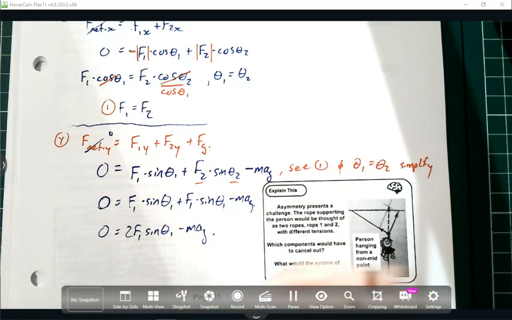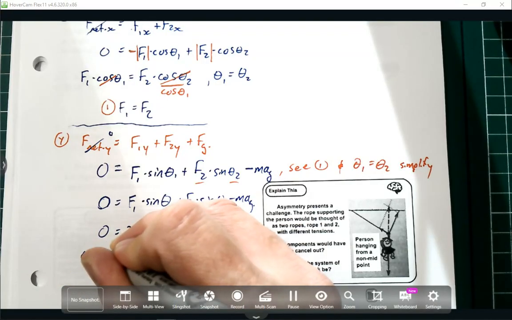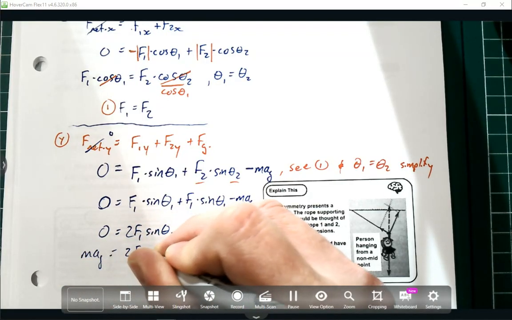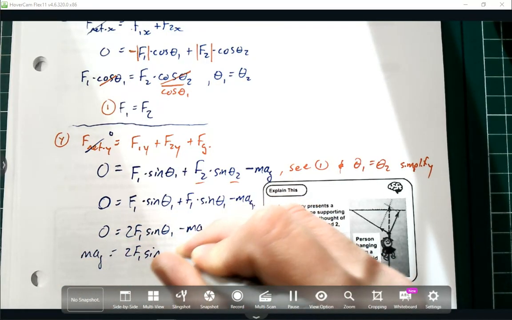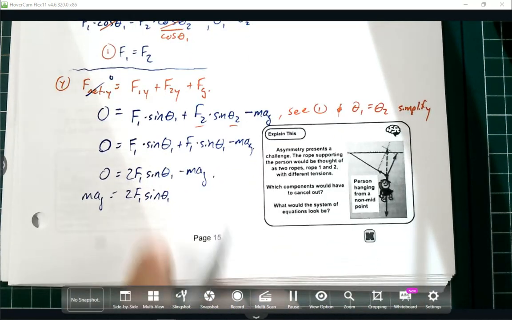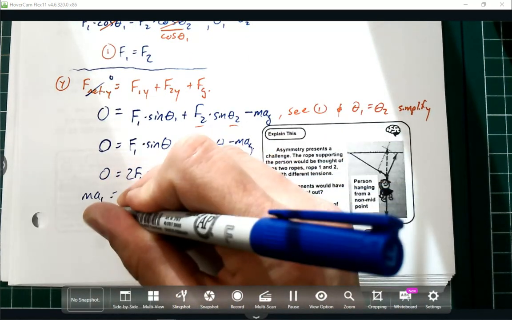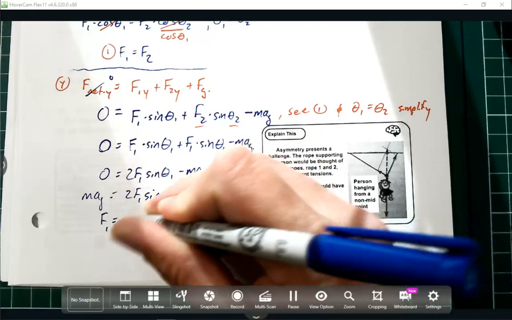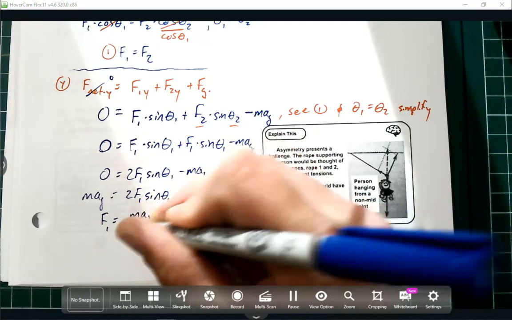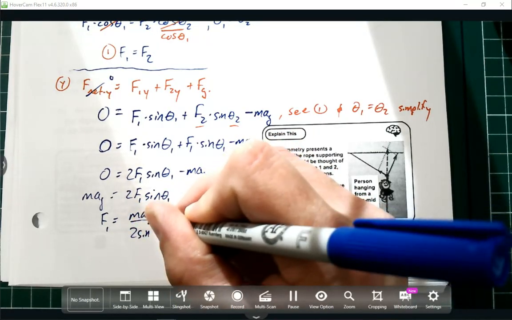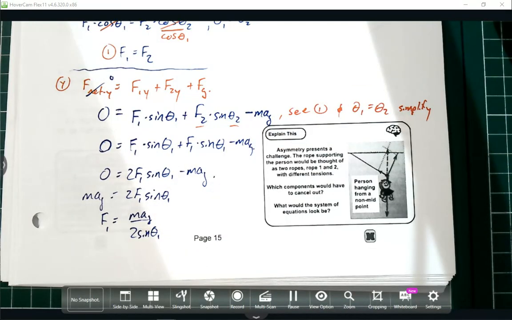Take the negative sign over to the other side: mg equals 2F1 sine theta 1. If I wanted to get F1 all by itself, F1 is equal to mg over 2 sine theta 1. Somehow that makes me feel like a trig identity, but it's really not at all.